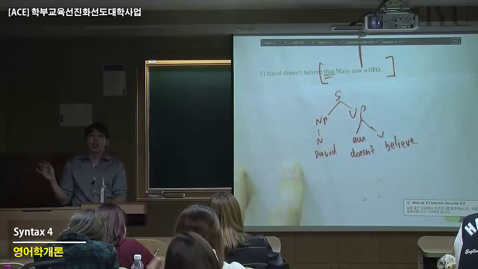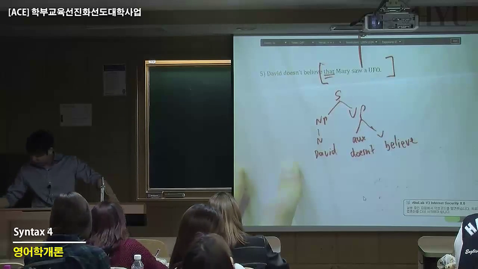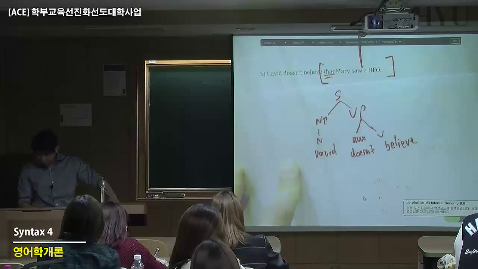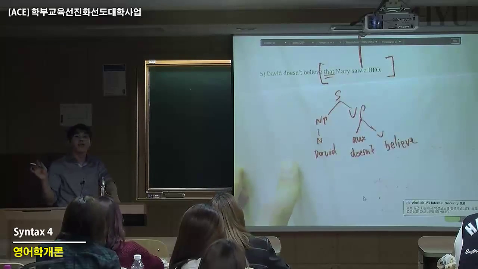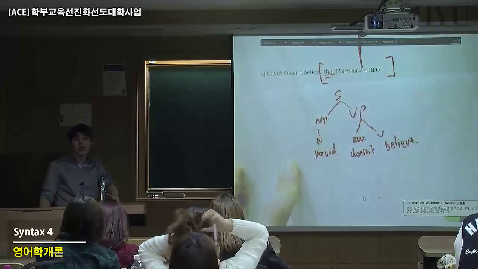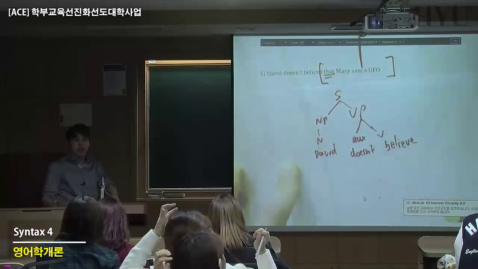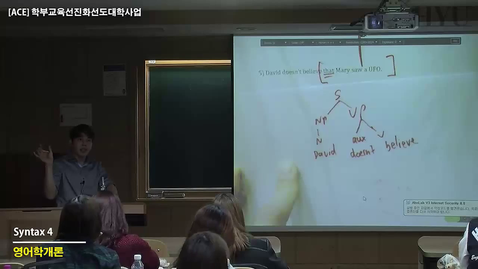So this is the main clause, okay? Now we have to work on the subordinate clause, which is that Mary saw a UFO. That particular clause is a subordinate clause.